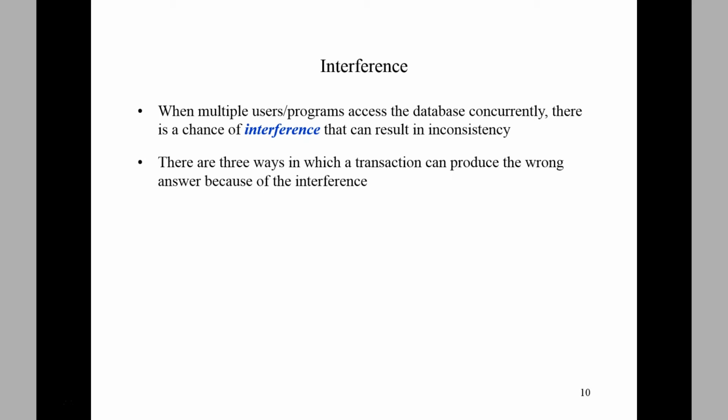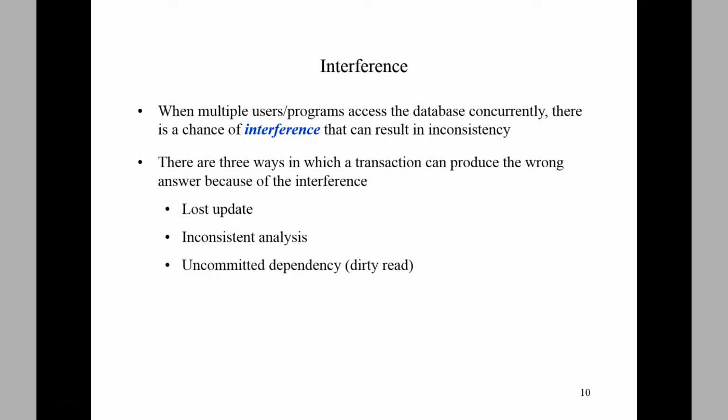There are 3 classic problems that are typically discussed when talking about transaction processing: 3 ways in which a transaction could produce the wrong answer as a result of interference. One is called the lost update, another is called inconsistent analysis, and the third is called an uncommitted dependency, also known as a dirty read. These are the 3 classic problems that arise in the context of concurrent access to data.